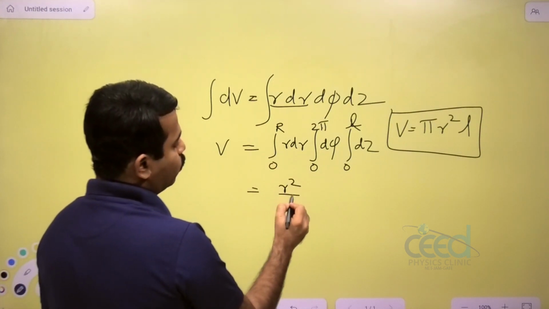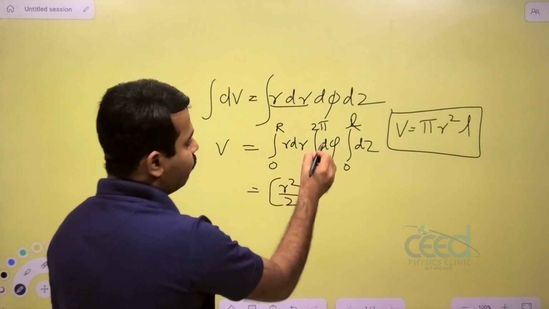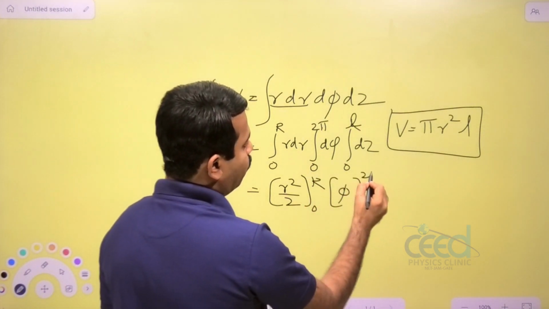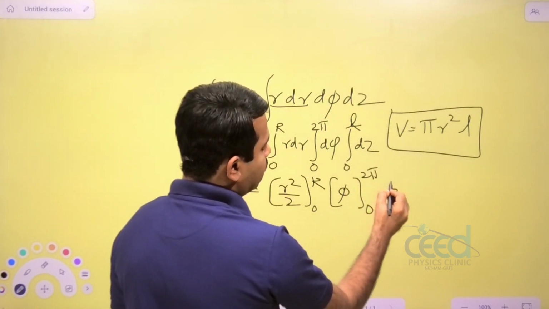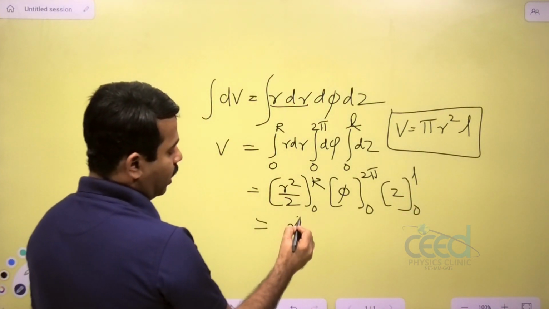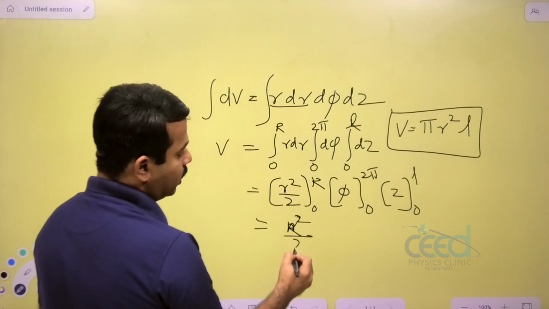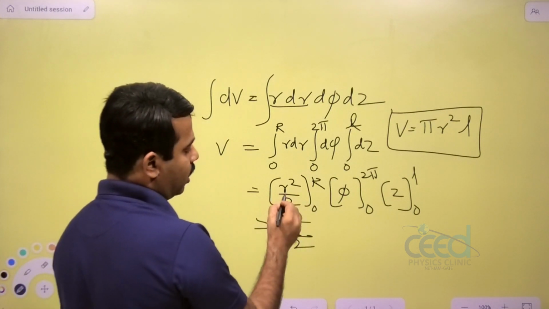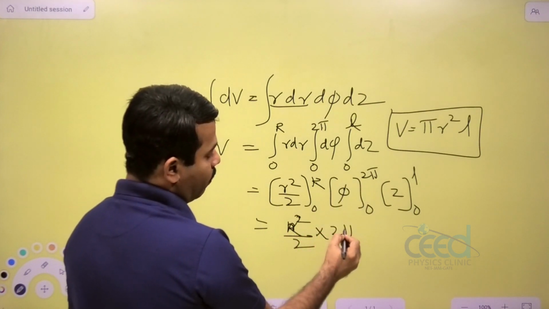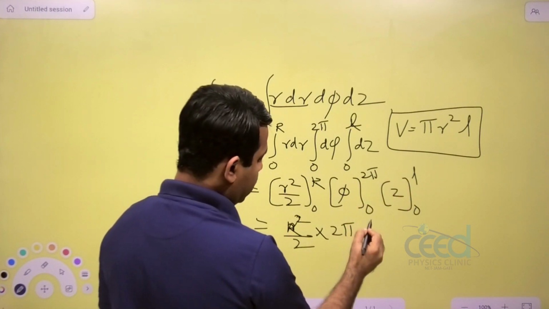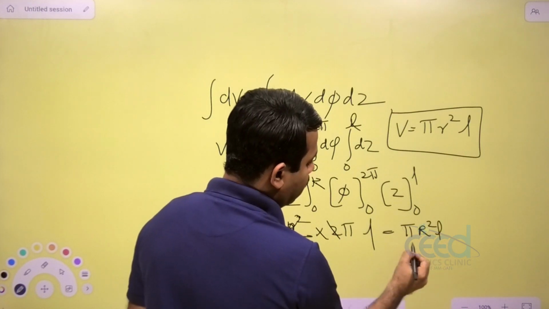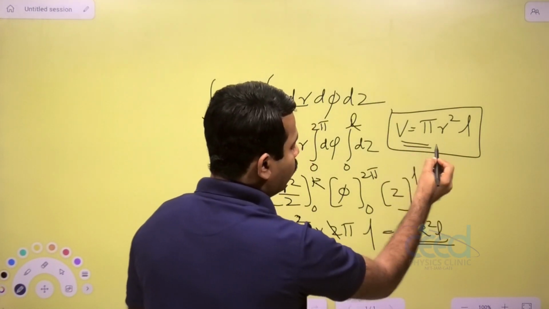This is r square by 2, 0 to R, and integrating d phi gives phi, limit 0 to 2 pi, and integrating dz gives z, limit 0 to L. Then R square by 2 minus 0, R square by 2 into 2 pi minus 0, that is 2 pi, into L. Then the 2 cancels, pi R square L. So we got the volume.